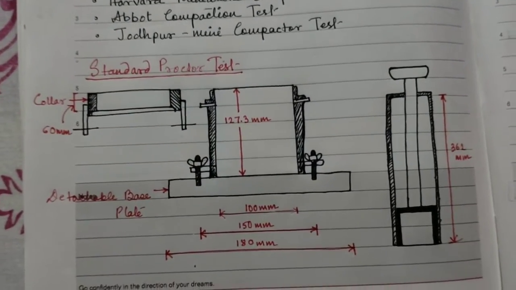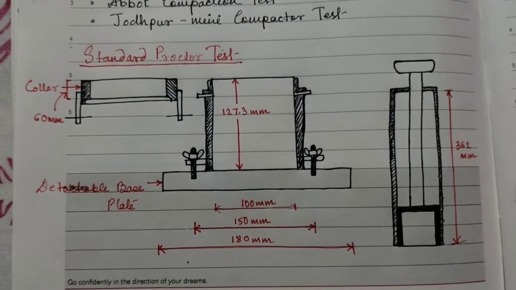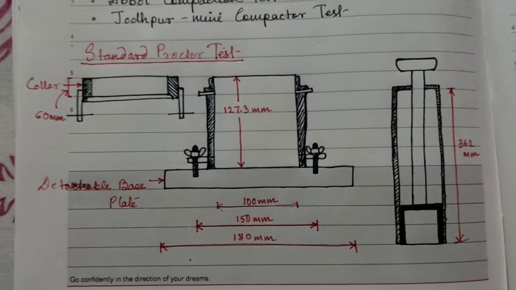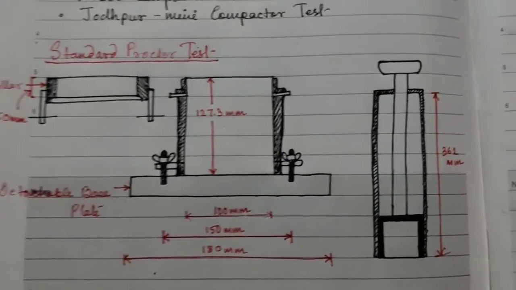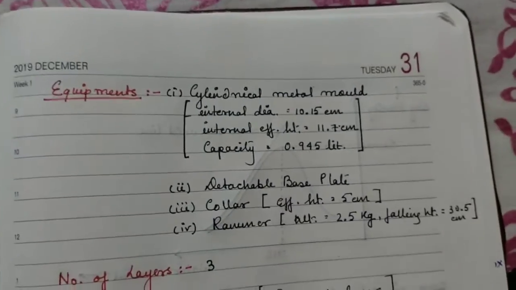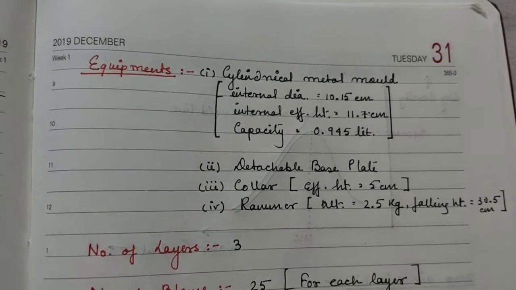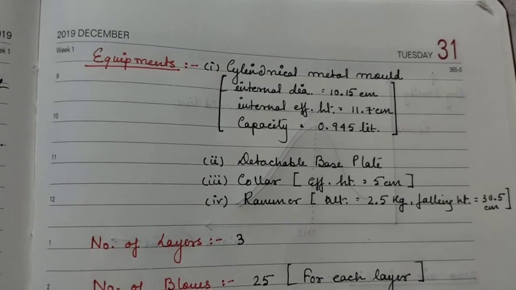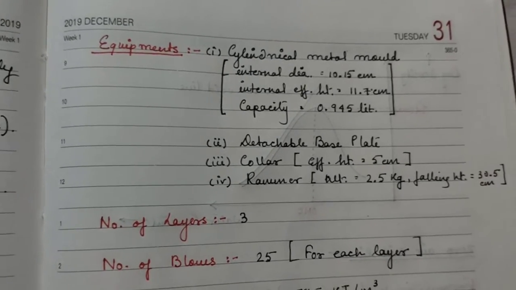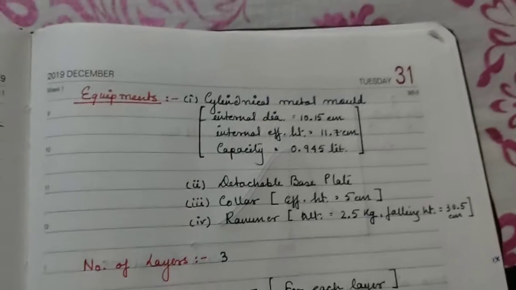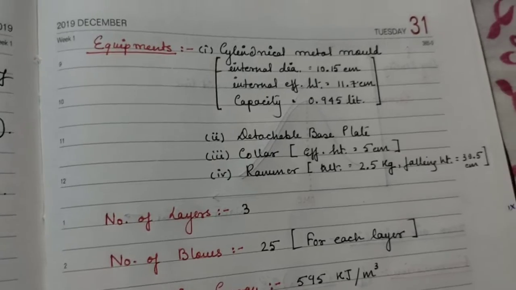The standard Proctor test was developed by R.R. Proctor in the year 1933 for the construction of an earthfill dam in the state of California. What are the equipments used for the standard Proctor test? The test equipment consists of a cylindrical metal mold having an internal diameter of 10.15 cm and an internal effective height of 11.7 cm and a capacity of 0.945 liter.